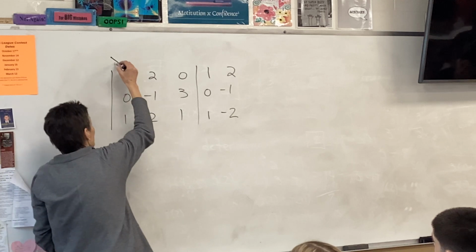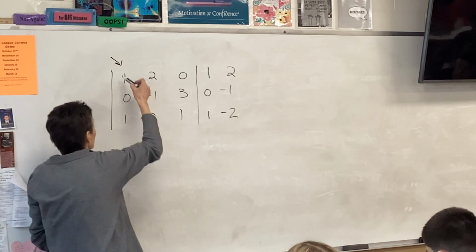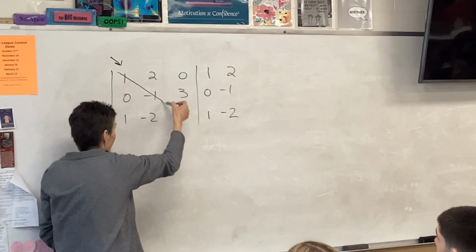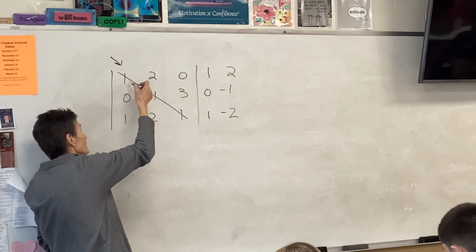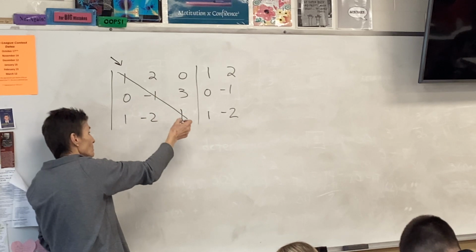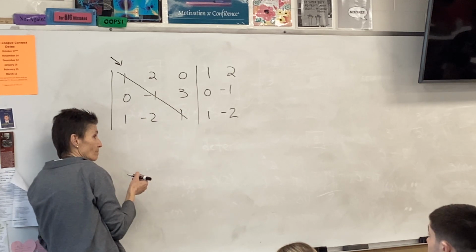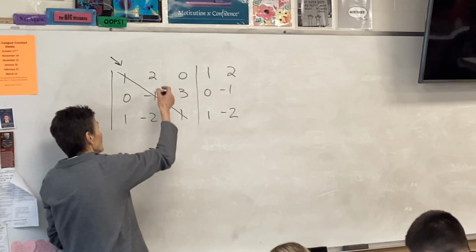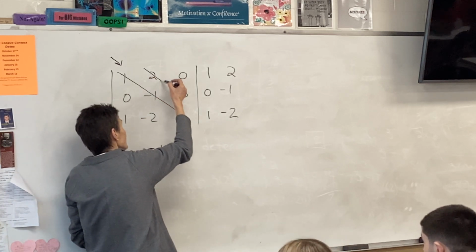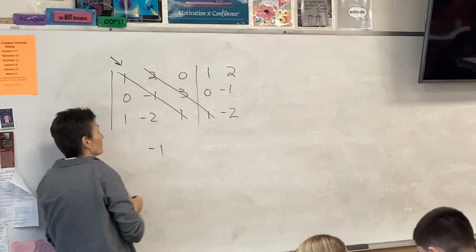Now I'm going to start right up here where I started before, and I am going to multiply those numbers together. So 1 times -1 times 1 is -1. Then I'm going to multiply these three numbers together.